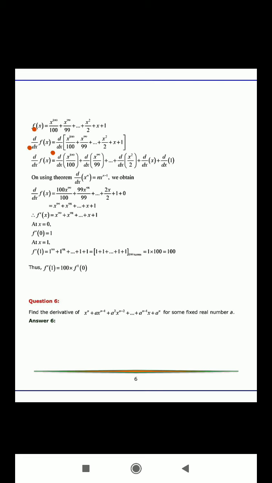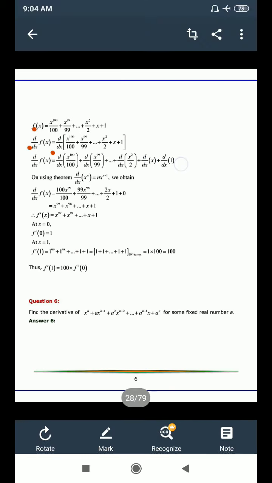Wherever there is a differentiation of x, you need not apply the formula for x raised to power n. You keep in mind that differentiation of x is 1. And similarly, the derivative of any constant number is always 0, if only a constant number is there, with no function of x. So I have written that differentiation of x is 1 and the derivative of this is 0.